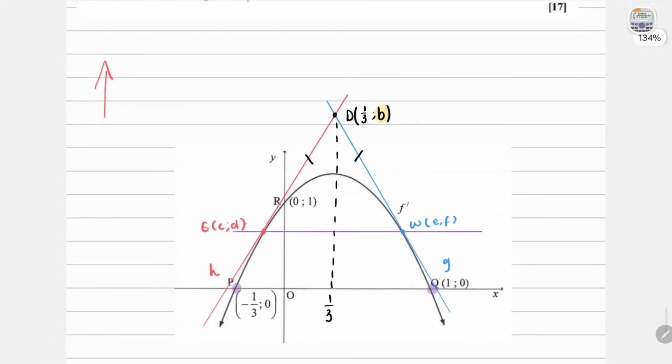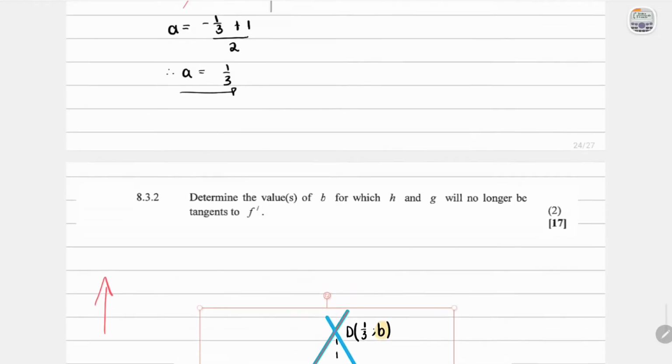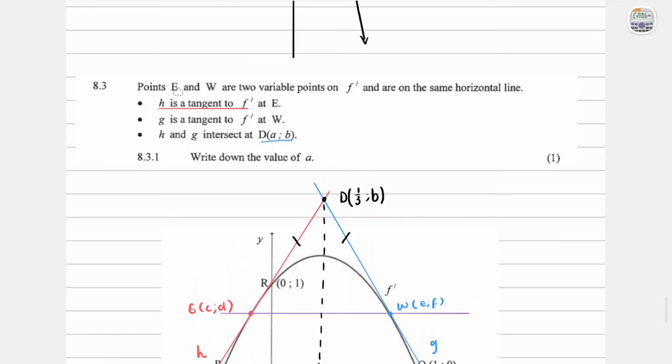We need to ensure that everything they stated about these 2 points is still true. So we could think about directly picking these graphs up and shifting them up. But please remember that they said points E and W are 2 variable points on f prime. So they still have to be on the graph of f prime and on the same horizontal line.